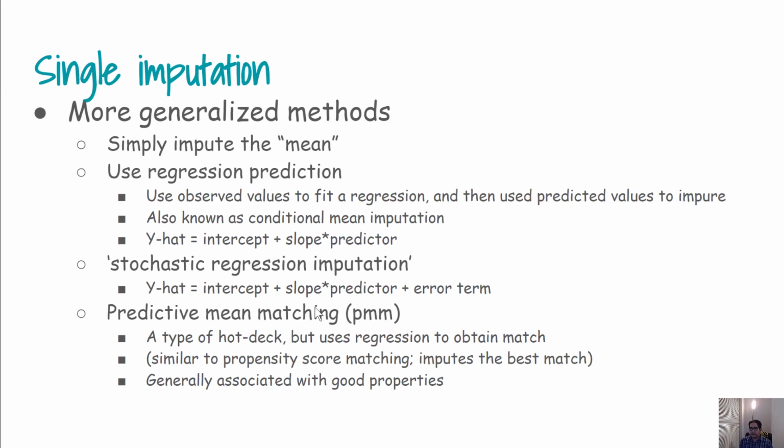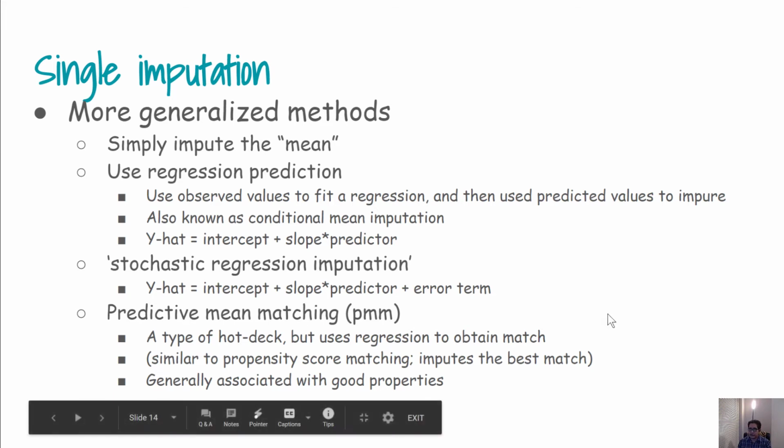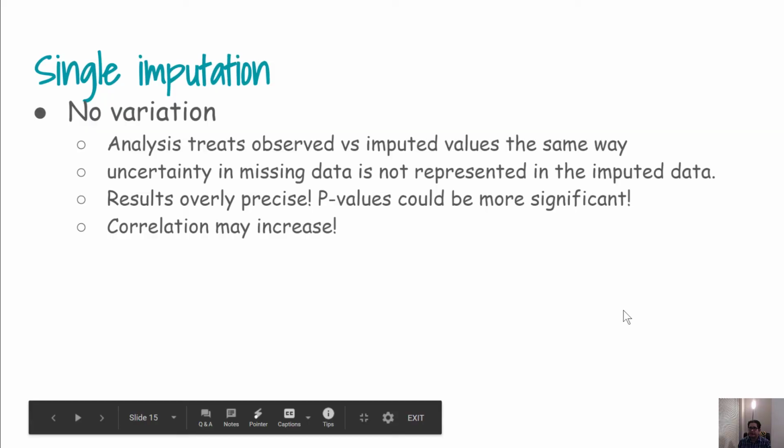These predictive mean matching, or PMM, methods are very popular because of their very nice statistical properties. One of the reasons this method is popular is because it imputes a real value instead of an averaged-out value, and that gives some protection against extrapolation. Again, I'm going to talk about this in the lab in more detail.